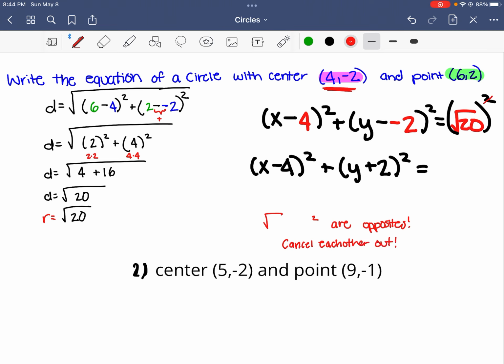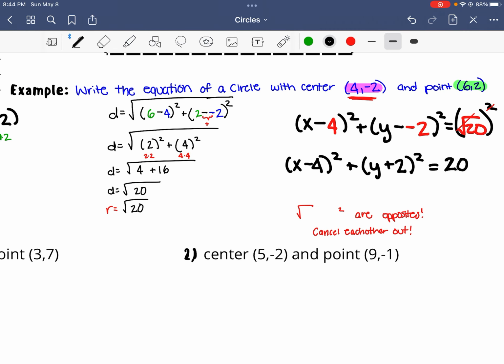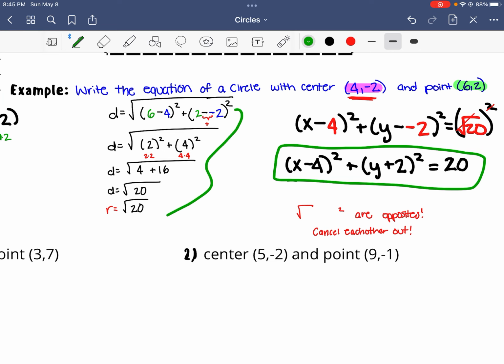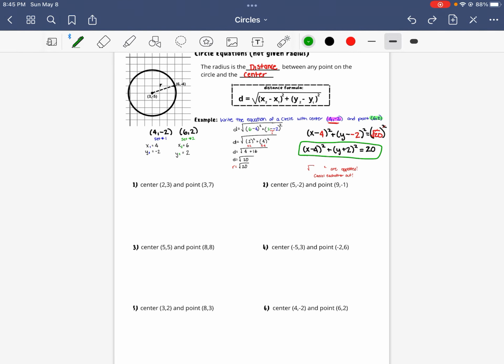So this 2 and this square root is going to cancel out, and what I'm left with is a 20. That's why I said don't bother plugging it into a calculator. It's going to end up disappearing. And there we have it. This is our equation. So what you need to do is this extra step now of finding out your radius, because we're not given radius sometimes. So go ahead and try the rest of these problems out if you want to, or you can also jump onto Delta Math.